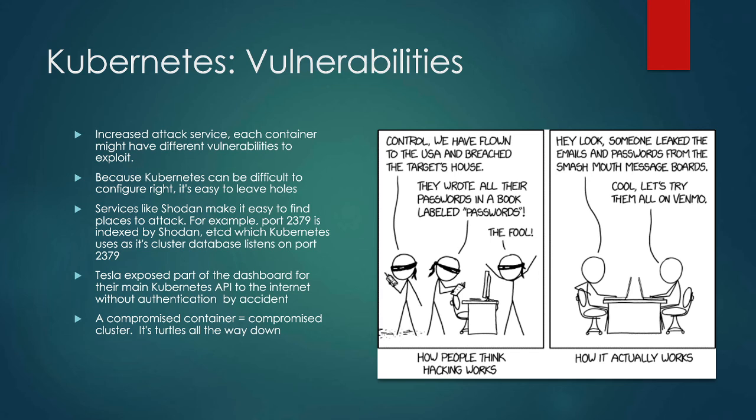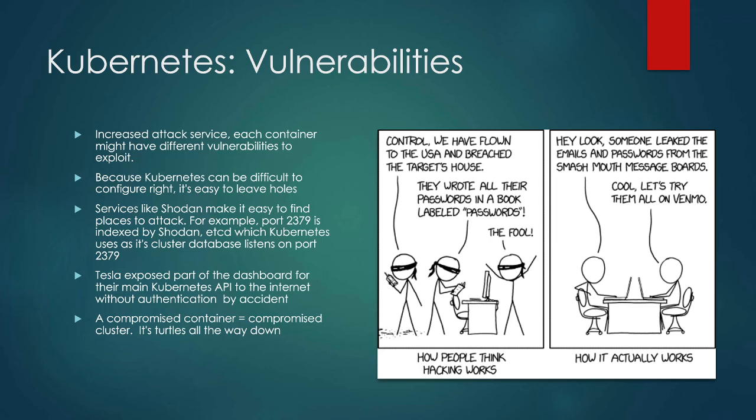Tesla, the electric car manufacturer, exposed part of their dashboard for their main Kubernetes API to the internet with zero authentication. Now, I would like to be clear that this didn't happen through malice or incompetence. Tesla pays a lot of money to get some very, very smart people working for them. This was completely an accident.